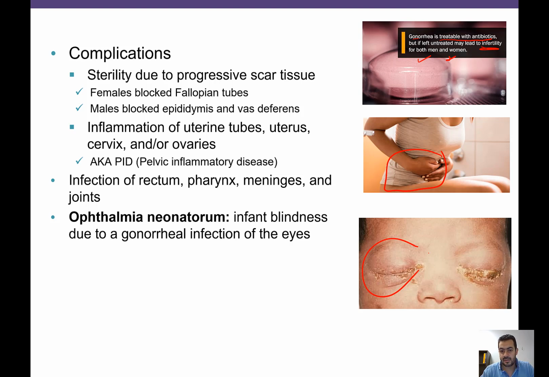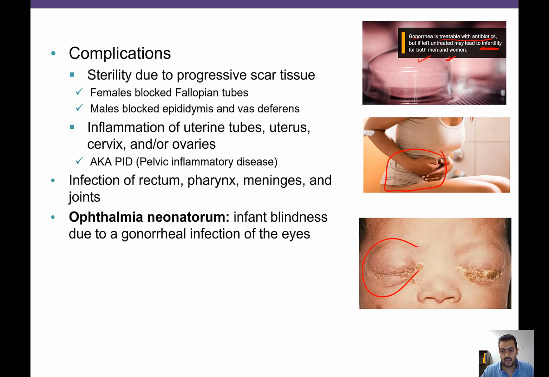The baby gets this infection during the passage through the birth canal during delivery. That's why Neisseria gonorrhea is a serious infection, especially in females, especially in pregnant females as well.